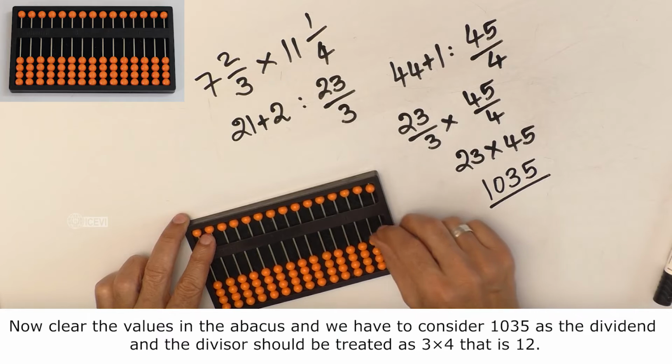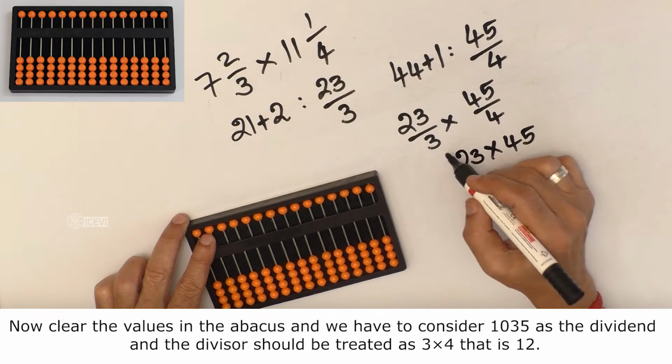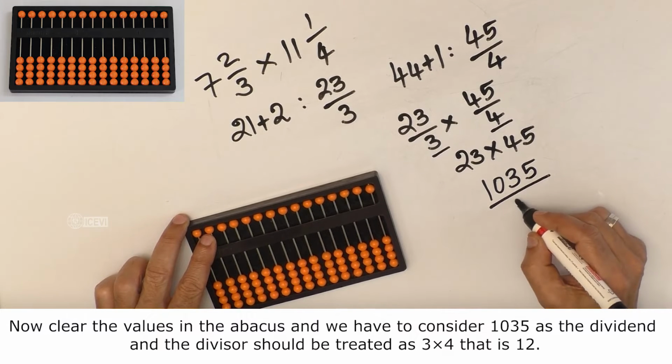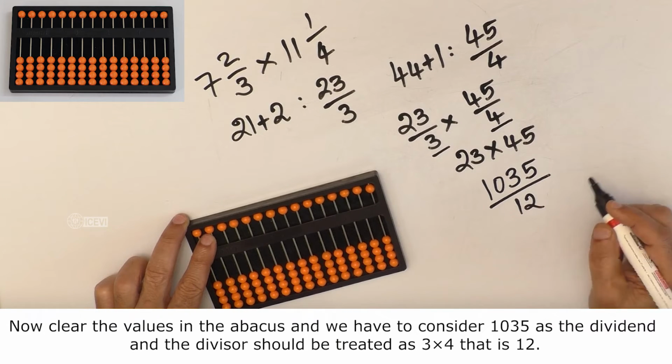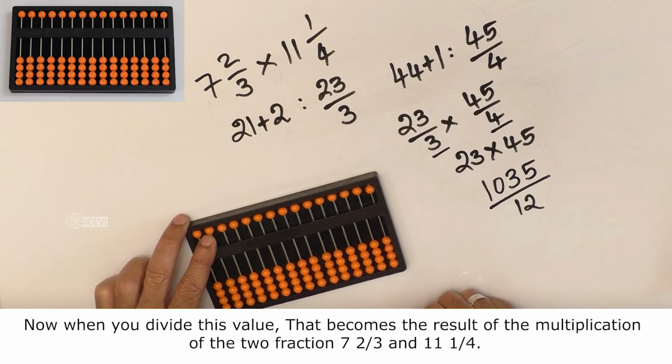Now clear the values in the abacus, and we have to consider 1035 as the dividend, and the divisor should be treated as 3 multiplied by 4, that is 12. Now when you divide this value, that becomes the result of the multiplication of the two fractions 7 2 by 3 and 11 1 by 4.